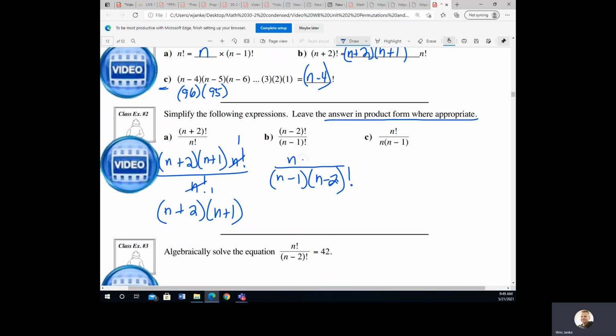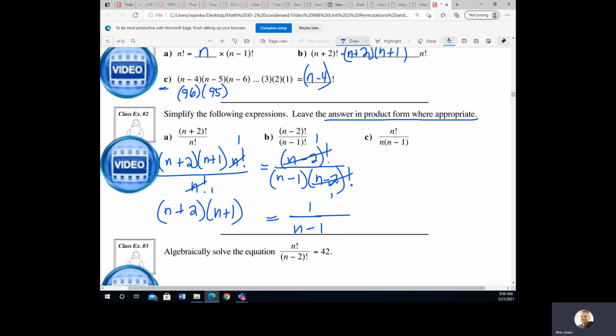The numerator is n minus 2 factorial. So now you can see that I can cancel out. So I'm left with 1 up top and 1 on the bottom. So in the numerator now I have 1, and in the denominator I have n minus 1. So you can see that my answer has no factorials in it, and that's what we're trying to accomplish.